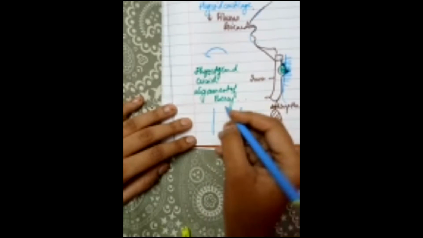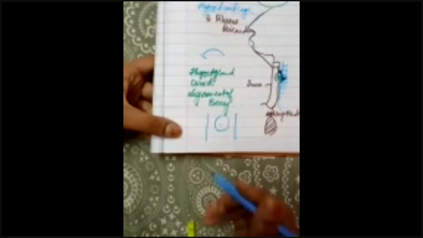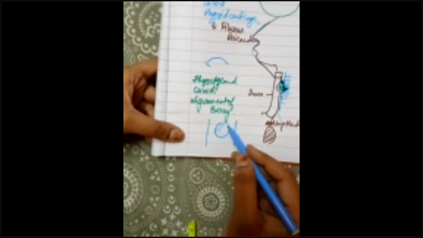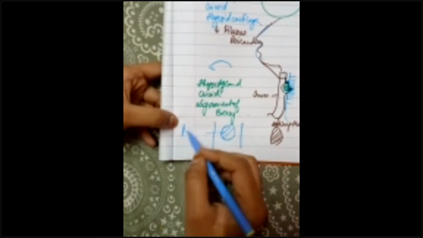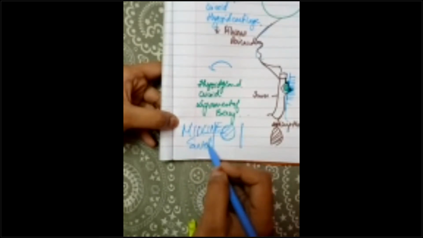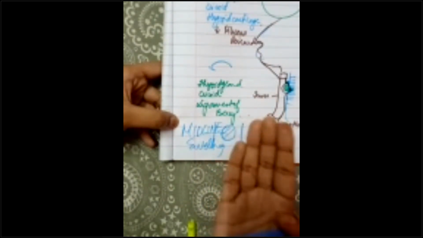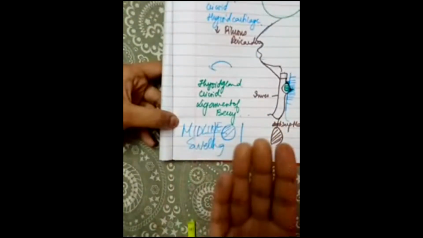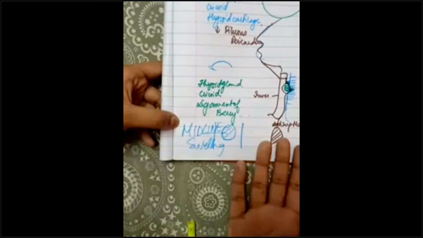If you have a midline swelling in your neck, it may be from your muscle, it may be from another structure, it may be an esophagus tumor, anything.